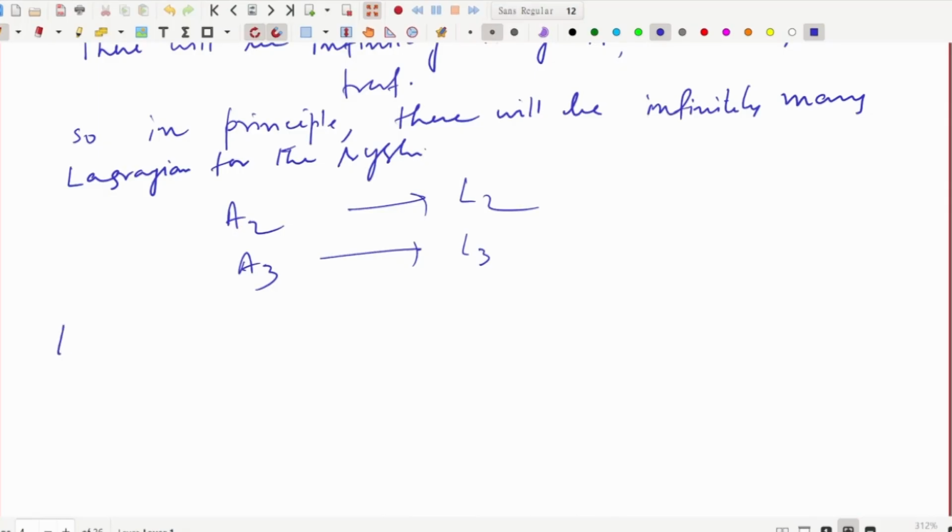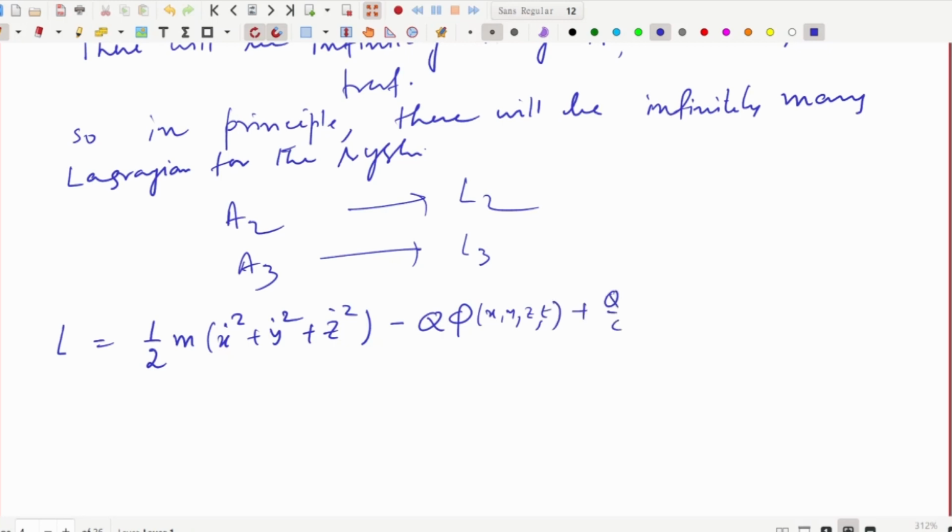Once we verify that, then we will claim that whatever Lagrangian we have obtained is the correct Lagrangian. So, let me start with the Lagrangian we obtained. Let me write it explicitly now: half m times x dot square plus y dot square plus z dot square, minus q times phi, which is a function of x, y, z and t, and then q by c times x dot A x, which is also a function of x, y, z and t in general, plus y dot A y plus z dot A z.